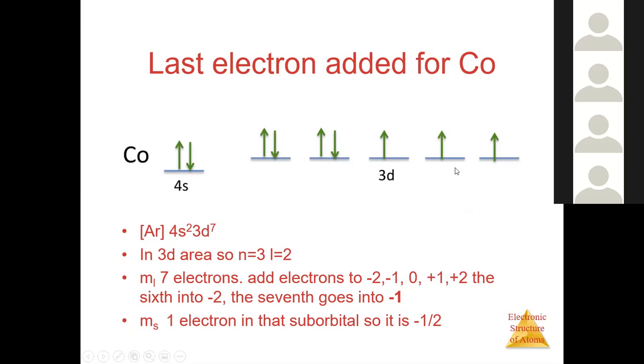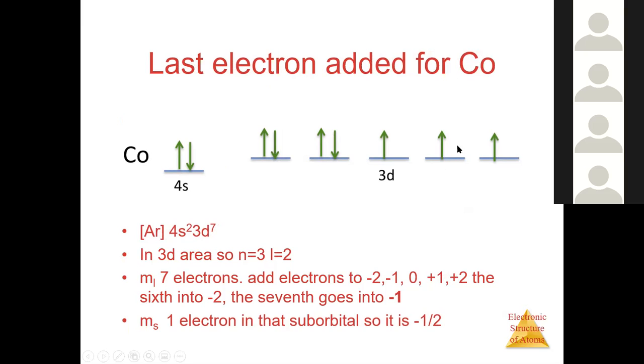I've only drawn out the last couple of orbitals for cobalt here. Joe, the 3d is where I put the electrons in last when I did my orbital diagram. I had 7 electrons that had to go into 3d. They go up, up, up, up, up.